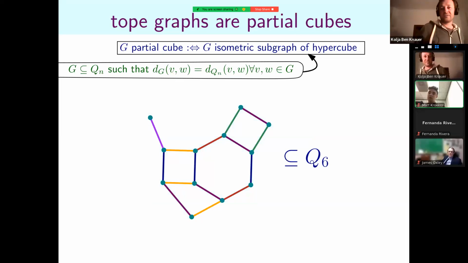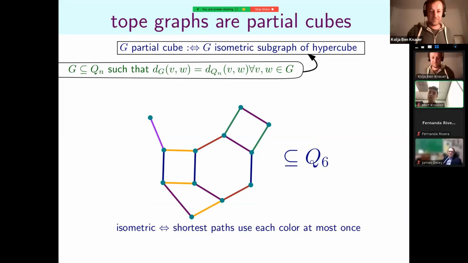The property that it is an isometric subgraph means that shortest paths never use the same color twice, because in a hypercube that doesn't happen: you will never change the same coordinate twice on a shortest path. And since it is an isometric subgraph, this is the same thing here. These colors are often called theta classes in the metric graph theory community.